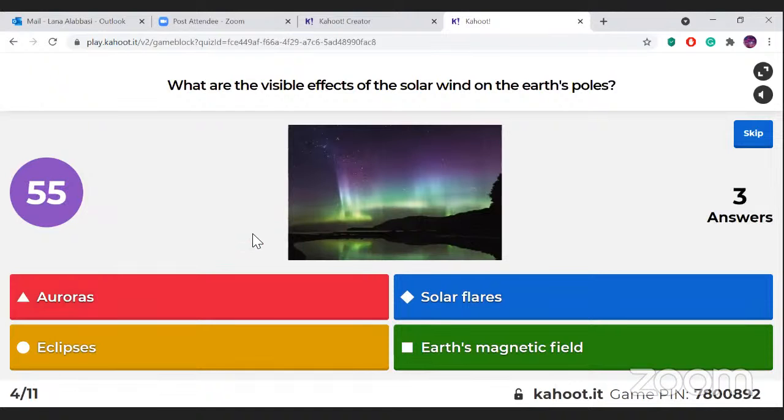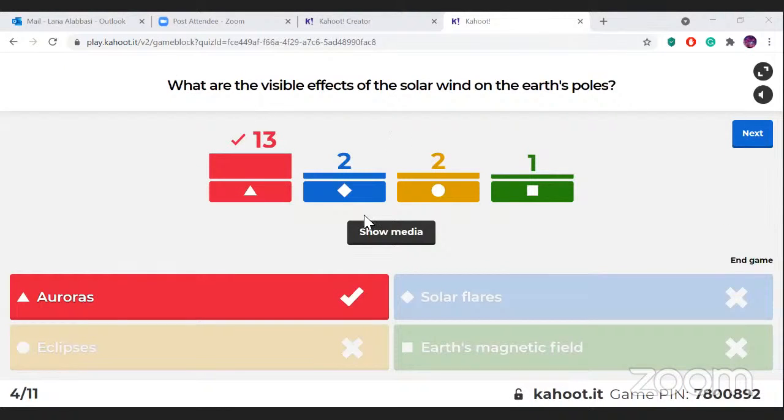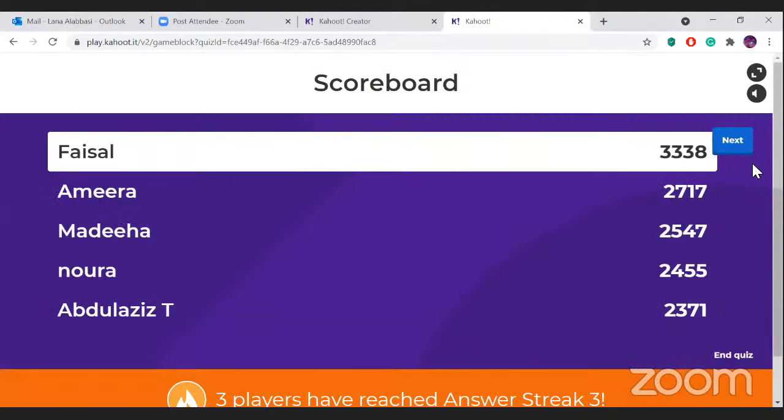Is it the auroras, solar flares, eclipses, or the Earth's magnetic field? So the correct answer is auroras. Well done. Faisal is still at the top.